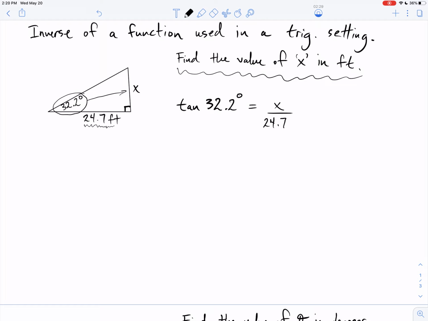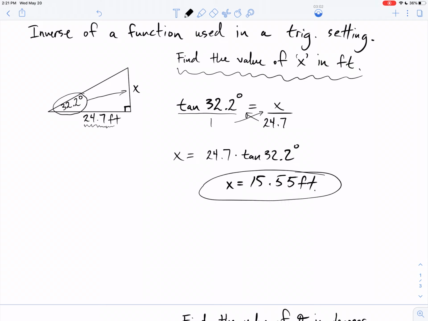And I can solve a proportion by cross multiplying, and I say 1x, or x, is equal to 24.7 times the value of tangent 32.2 degrees. And I did that earlier on my calculator, and I got x is equal to 15.55 feet.